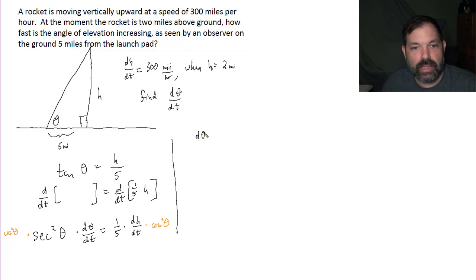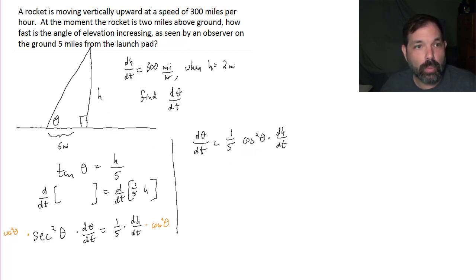So then dθ/dt is 1/5 cosine squared theta dh/dt. Now, I know dh/dt, that was given as 300 miles per hour. I don't know cosine squared theta, so I've got to figure out cosine theta.